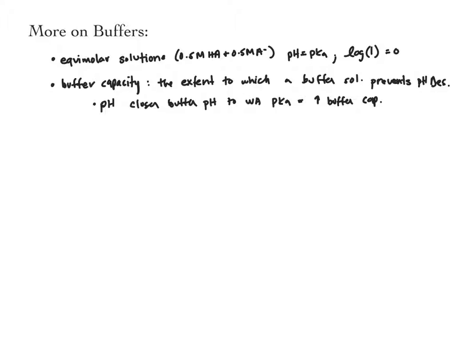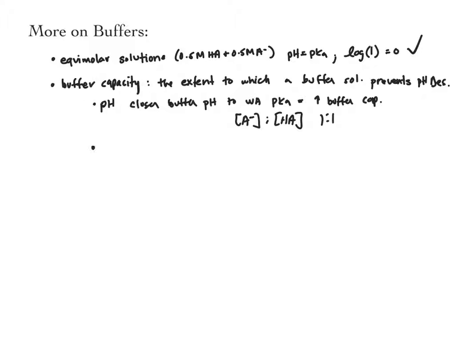And of course, this is going to be facilitated when we have a ratio between our conjugates that's basically 1 to 1. Why? Because at that point, as we said before, the log of 1 is equal to 0 and pH will equal pKa.